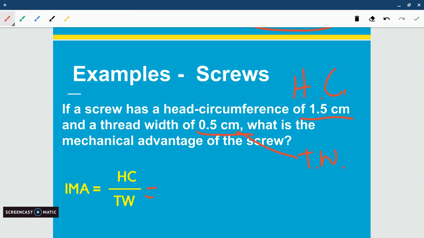Well, I've already put the equation here for you, but remember that when you are doing the assignments, you need to put your equation in. I would take 1.5 centimeters divided by 0.5 centimeters. And I would find this to be a mechanical advantage of 3. So this particular screw would multiply my force by 3.